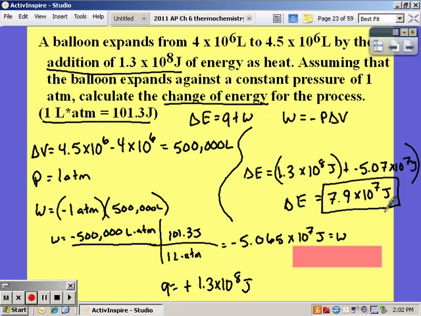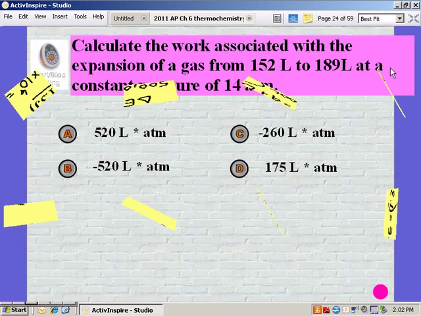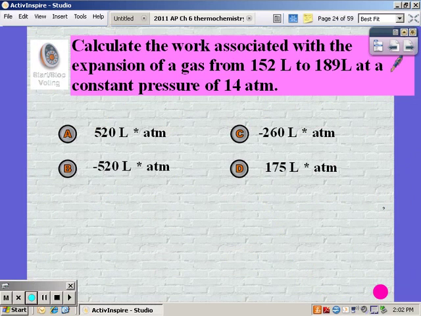So pay attention to your units and make sure that they're going to cancel out. And overall, this process was endothermic since delta E was positive.